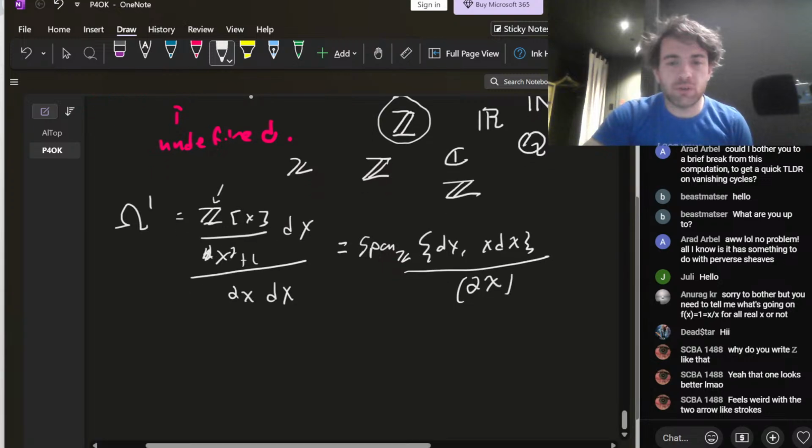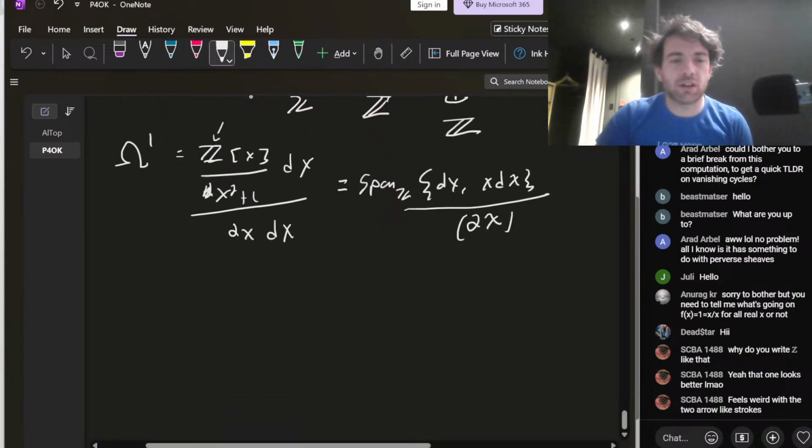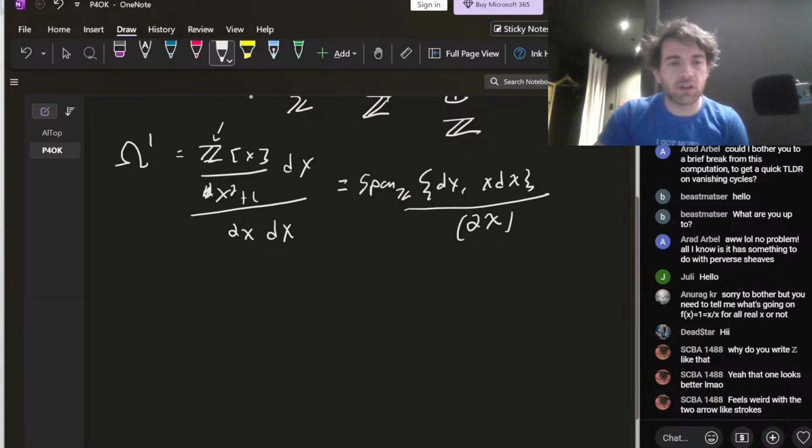But now we need to compute the annihilator of the image of the differential.